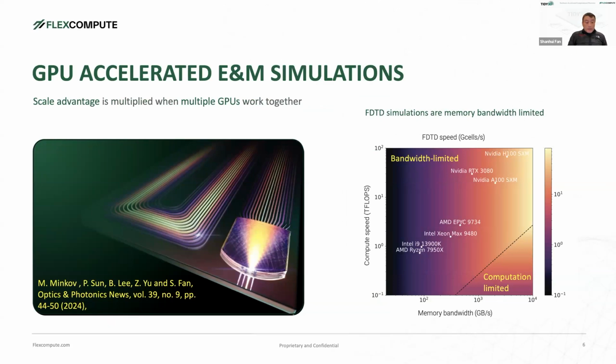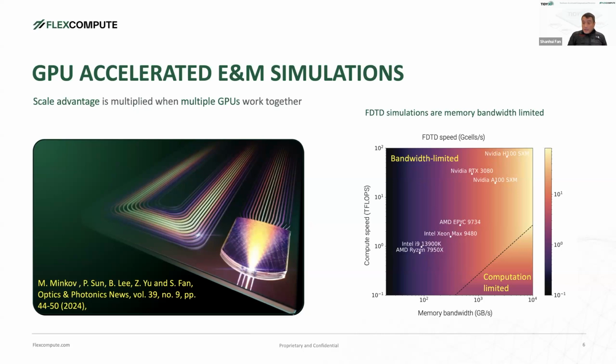Here is a paper that we have written in collaboration with NVIDIA that was published in Optics and Photonics News last year to highlight some of the important advantages of GPU, in particular for finite difference time domain simulation that underlies Tidy3D. One thing to note is that FDTD is a bandwidth limited algorithm and therefore benefits very significantly from the large communication bandwidth inside the GPU.